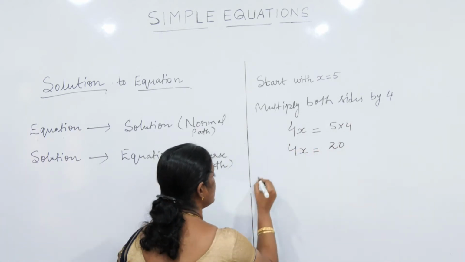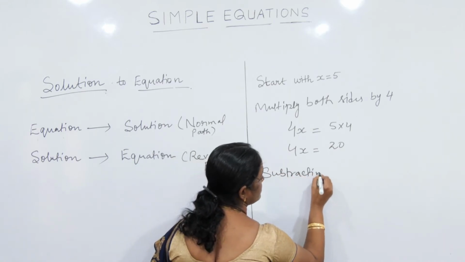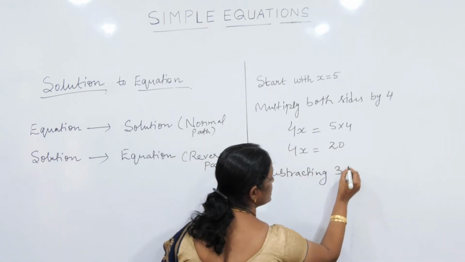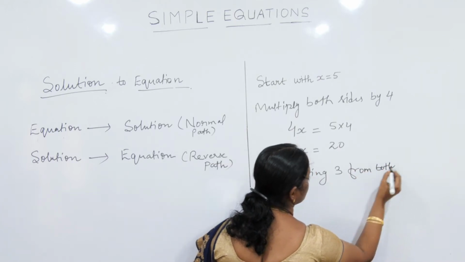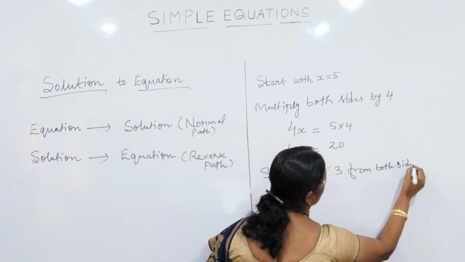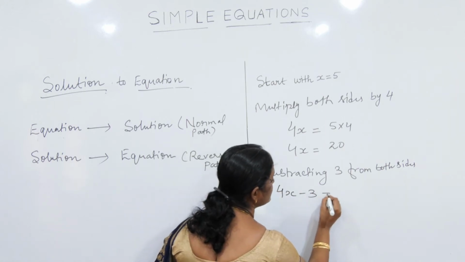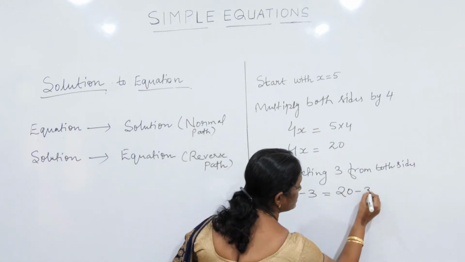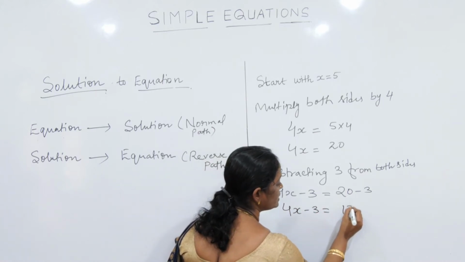Now the next step, subtracting 3 from both sides. 4x minus 3 is equal to 20 minus 3. That is 4x minus 3 is equal to 17.